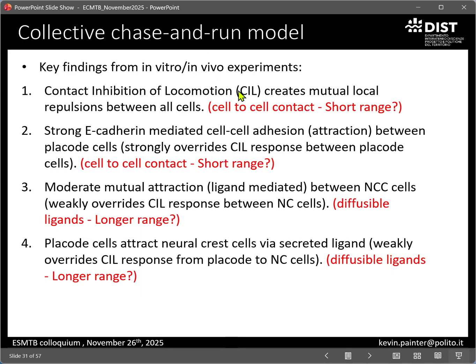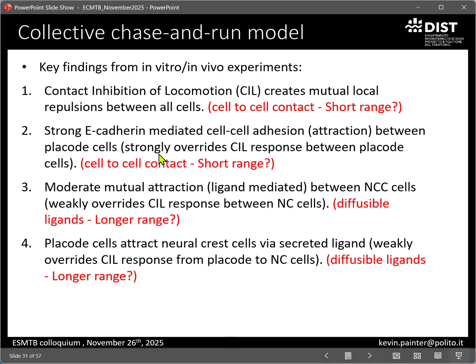But it's probably not likely to be the case, because that contact inhibition of locomotion is likely to be a short range response. It's mediated by cell-to-cell contacts. That's going to be a short range process. Similarly, the cell-to-cell adhesion between the placoed cells is also likely to be a short range process.